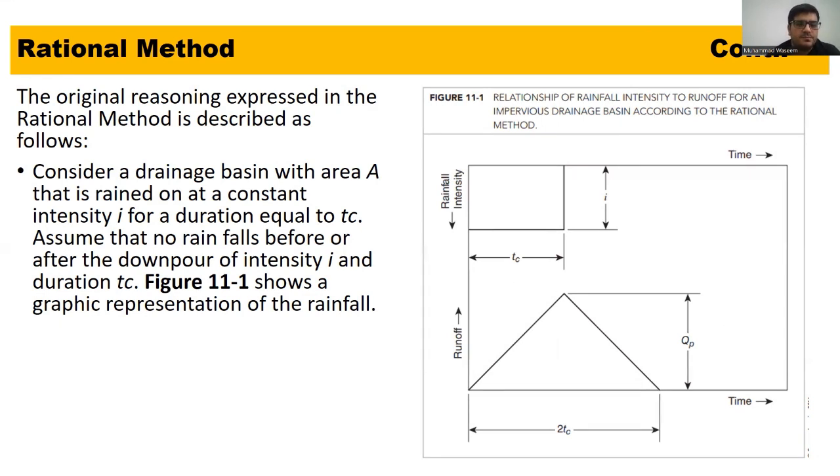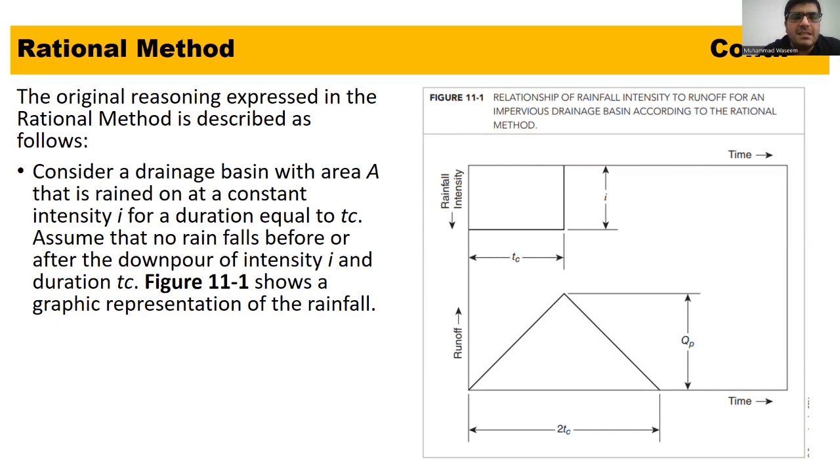When the rainfall duration is equal to the time of concentration, let's say it takes 10 or 15 minutes for the runoff from the remotest point to reach the point of analysis, right?